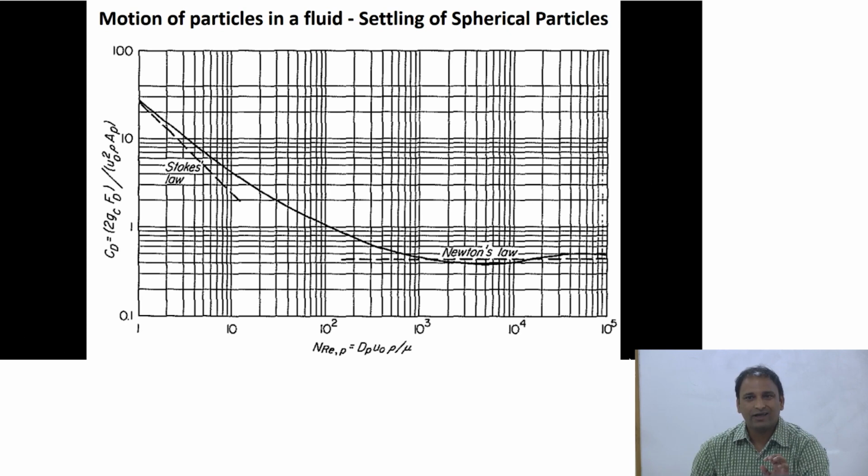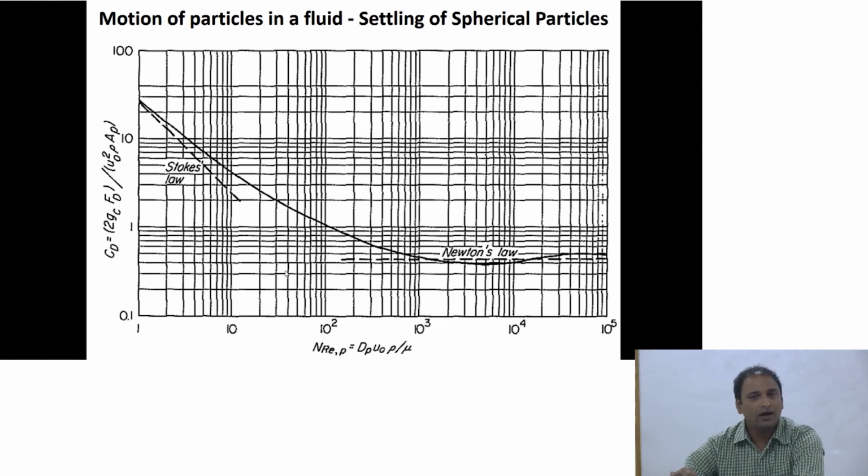If you look at this plot, there are two limiting cases. One is the low Reynolds number regime. When the Reynolds number is less than 1, C_D versus Reynolds number can be represented by an empirical equation, C_D equals 24 divided by Reynolds number. I can simplify the expression we just wrote for the Stokes law settling regime.